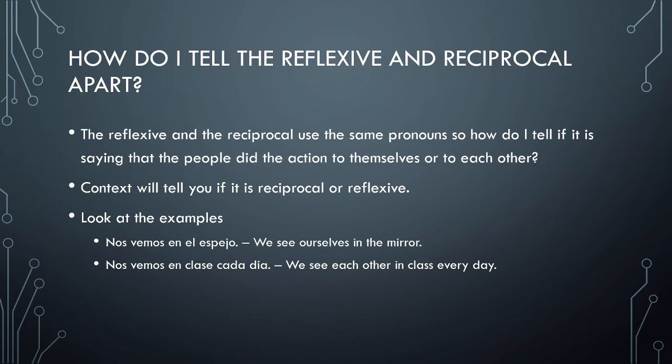So we see ourselves in the mirror. Nos vemos en clase cada día. Because we're not looking in a mirror, this is probably reciprocal and would be translated as we see each other in class every day. So the context is going to be what tells you whether I'm supposed to use the reciprocal or whether it's trying to tell us that it's reflexive.